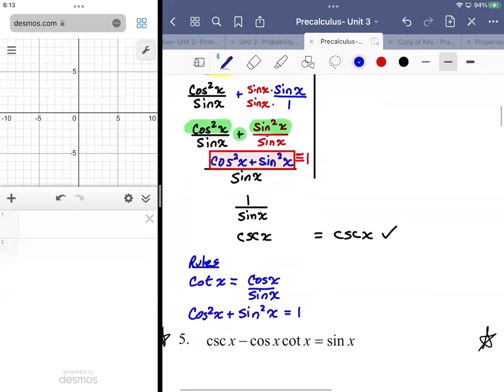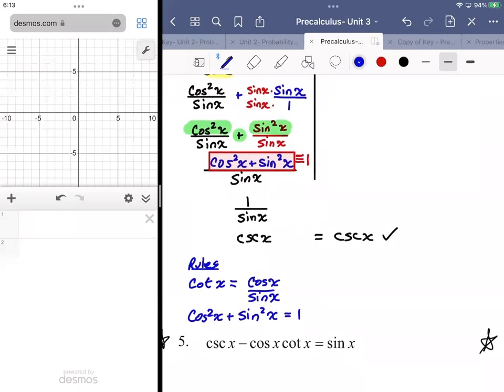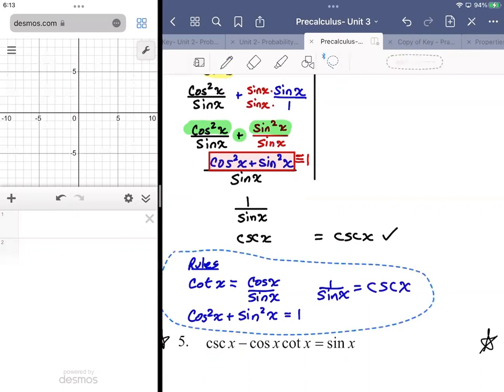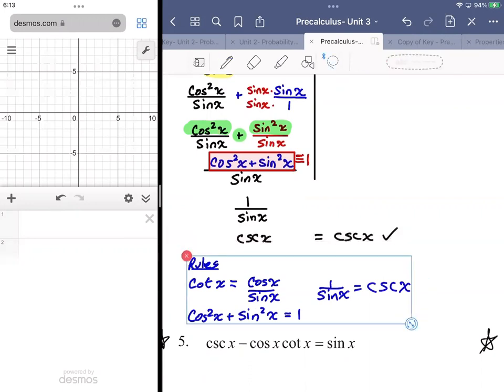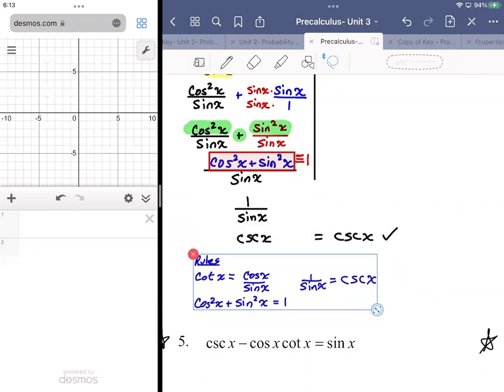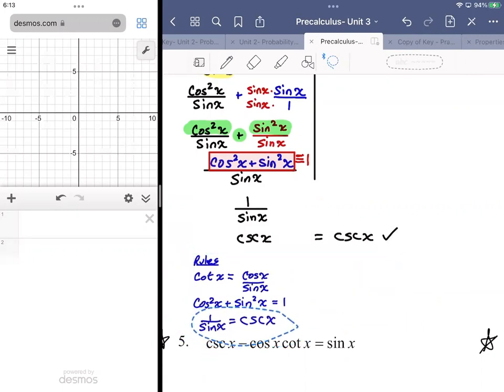Oh, and also 1 over sine x is equal to cosecant x, or vice versa. So 3 trig rules came into play here, but it was really the algebra that made everything work.